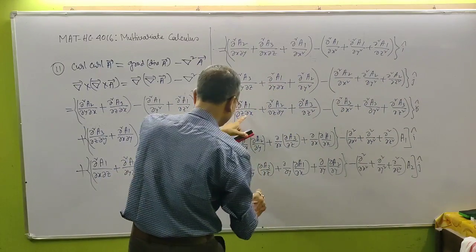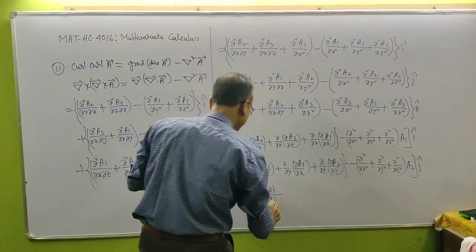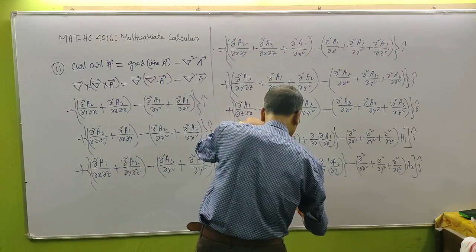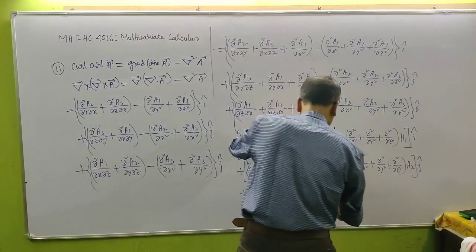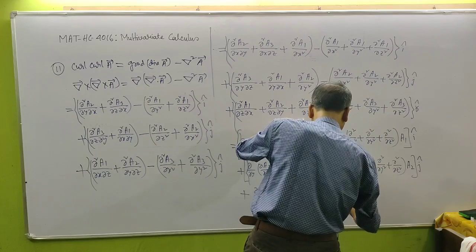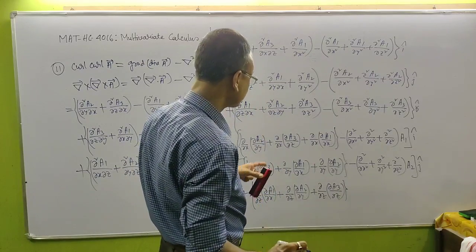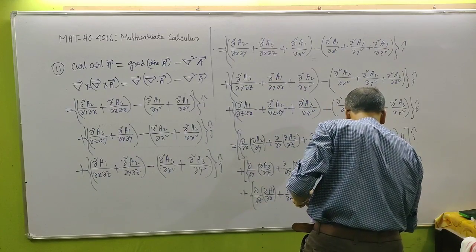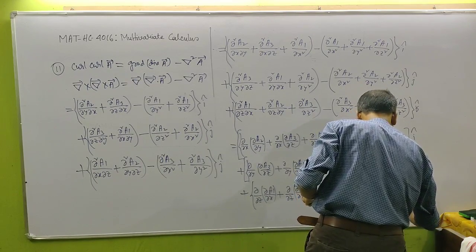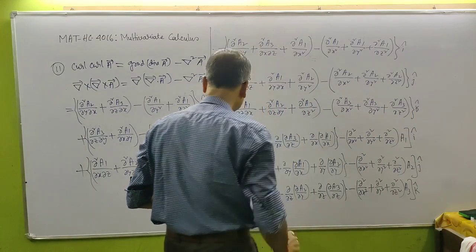And finally, for the last step, you may write del by del z of del A1 by del x plus del by del z of del A2 by del y, for this del by del z of del A3 by del z, minus del square. You will write like this.